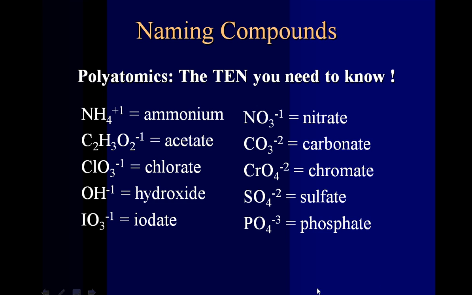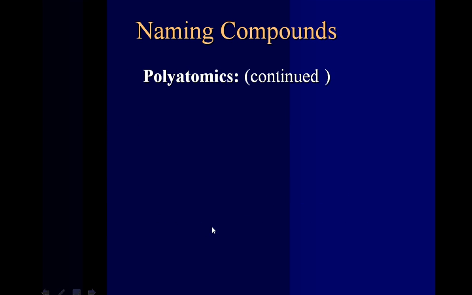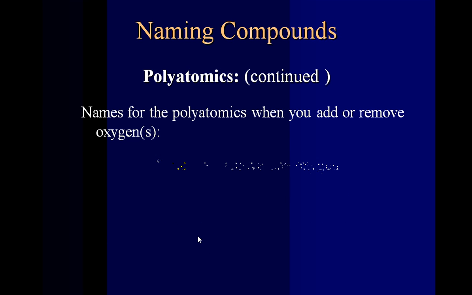So really, what I'm talking about next only applies to 7 of the 10 polyatomics. Okay, so knowing that it only applies to 7 of the 10 should help you out and make you relax a little more. All right, so if we remove one oxygen from the polyatomic that had an ATE ending, like nitrate, iodate, carbonate, sulfate, and so forth, we're going to get rid of the ATE ending and make it ITE, okay?